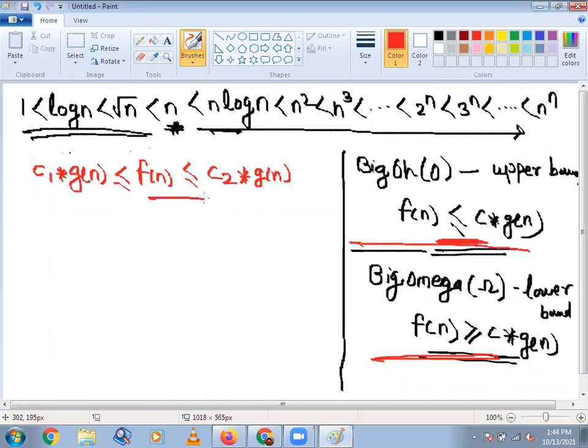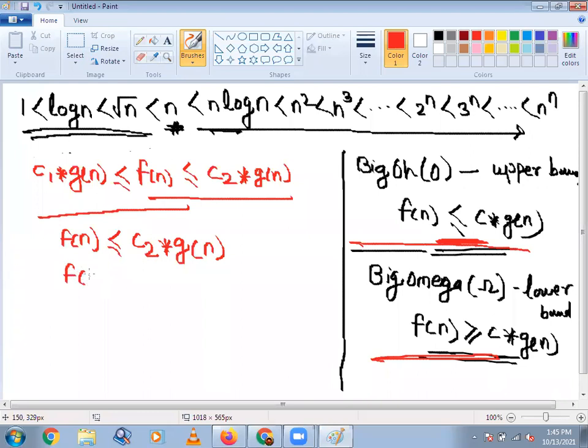First part from this to this, and second part from this to this. We see here f of n is less than or equal to C2 into g of n, where instead of C2, suppose here we have written c into g of n, where C2 or c is any positive constant.